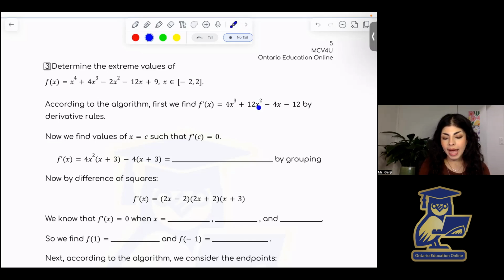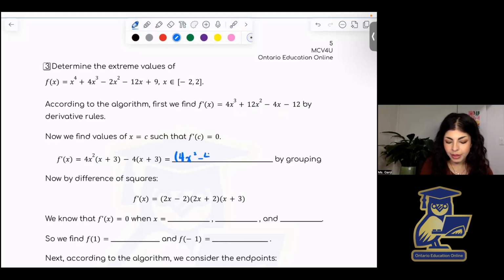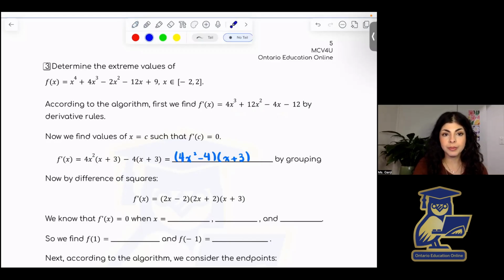So here I had x squared in both of these, so I factor it out. And I also have a 4 in common, so I factor 4x squared, and I got x plus 3. In the next 2 terms, I see I can factor out a -4. And I actually end up with x plus 3 here as well. So by grouping, this is equal to 4x squared minus 4 times x plus 3. And this is just factoring out x plus 3 out of both of these.